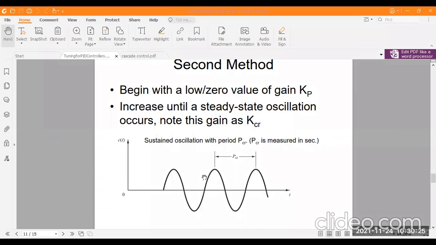Here you can see the peak to peak value, in microseconds, milliseconds or seconds, represented as Pcr. This is the peak to peak value for a certain value of the proportional controller gain. This is the positive region and this is the negative region.